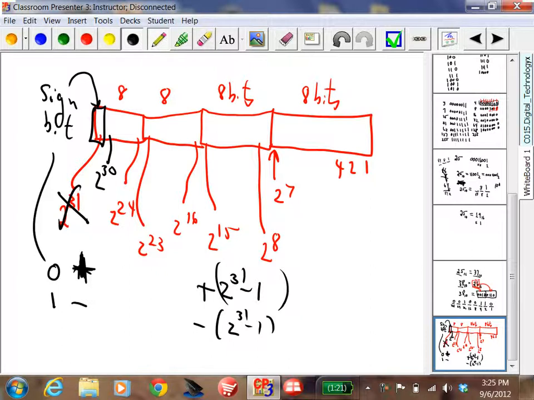How much is it? 2,147,483,647. 2 billion. So basically, we can handle numbers up to plus or minus 2 billion, more or less.